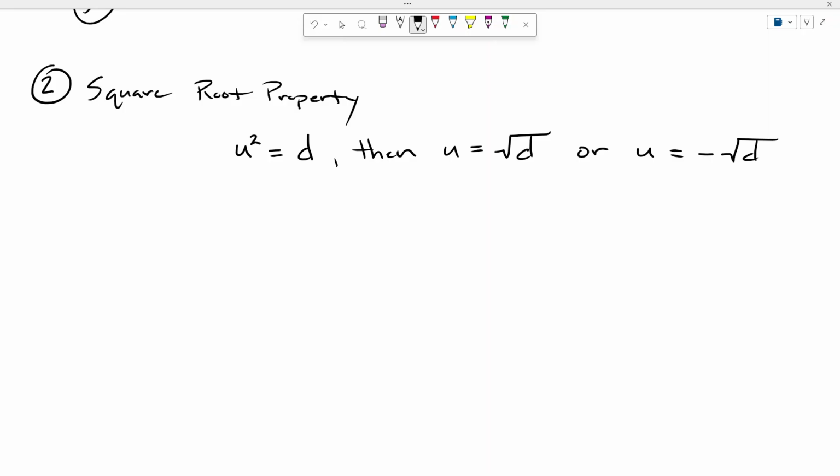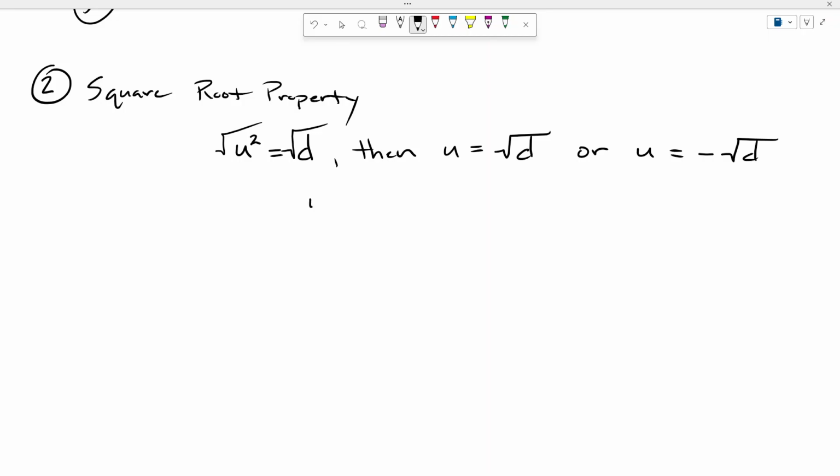So it's telling us, the square root property, if we take the square root of both sides to get u by itself, then we end up with both a positive and a negative answer.